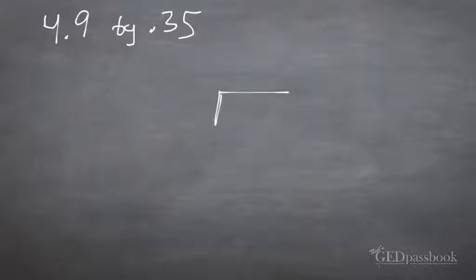Now comes the one that I wrote originally. 4.9 by 0.35. How do you write that? .35, right?